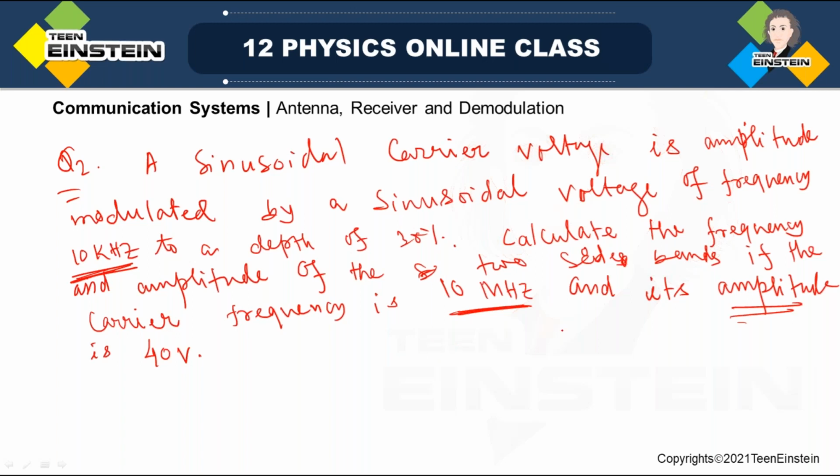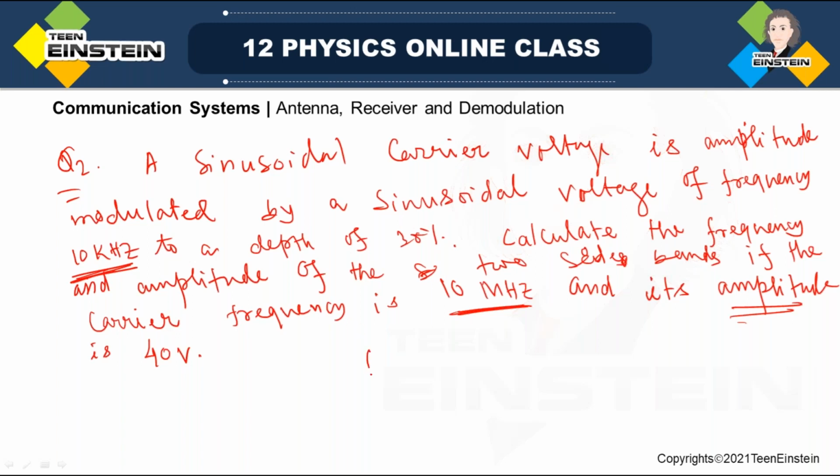So from here you have to find out the side bands and the amplitude of the two side bands, if the frequency of carrier wave is 10 megahertz and amplitude is 40 volt.